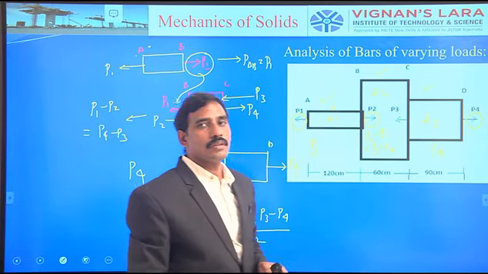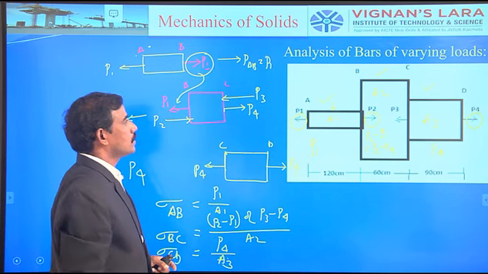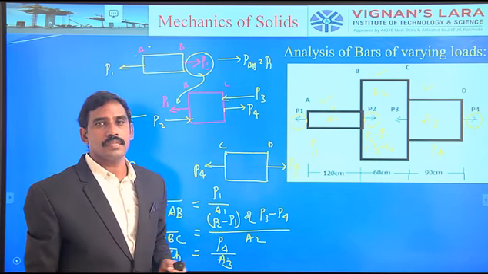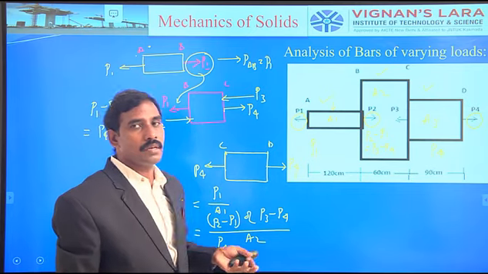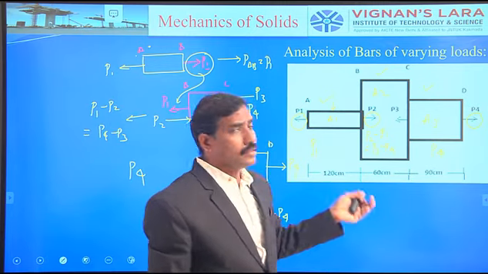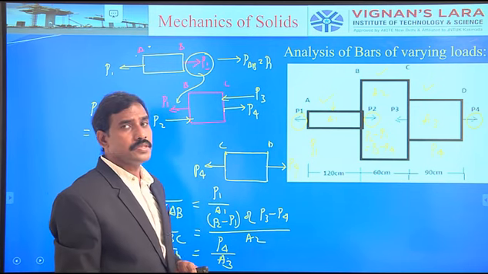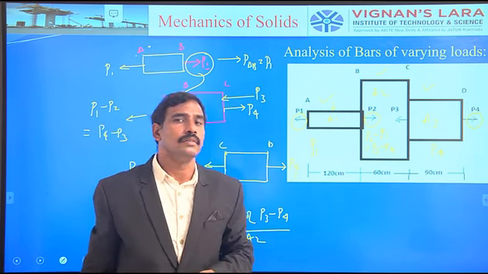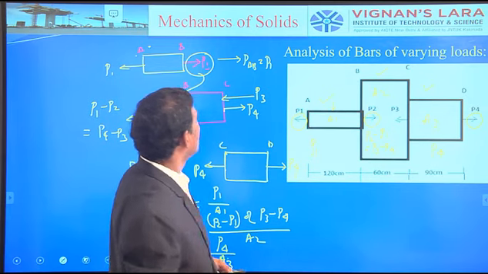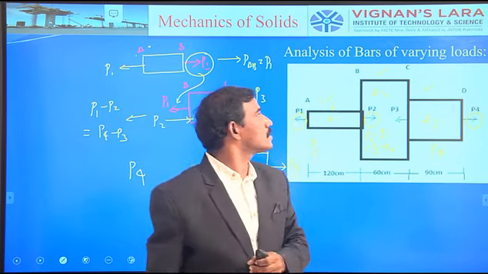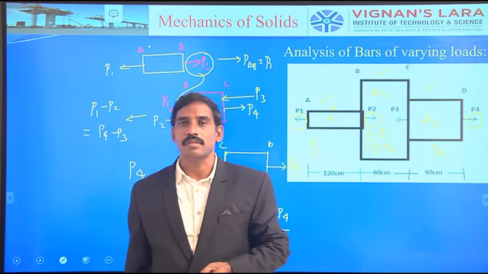Here we have to draw the free body diagram for the rest of the portion BC. Once you know the forces acting in each and every member and its cross-sectional area, then you can calculate the stresses developed or induced in each and every member. So let us continue the next session with one numerical example regarding the analysis of bars of varying loads. Thank you.